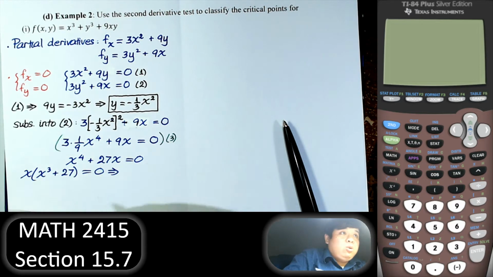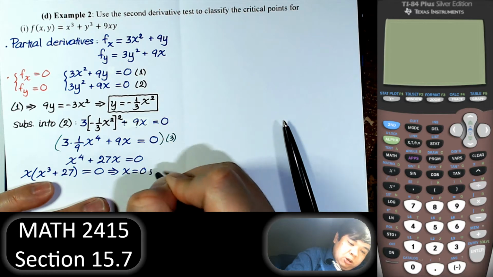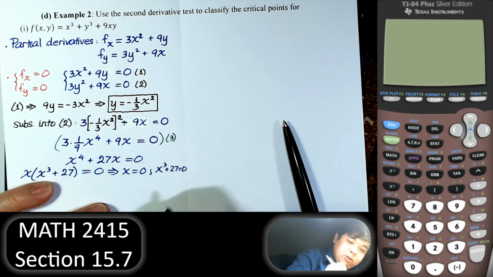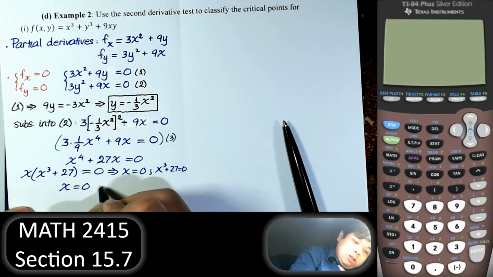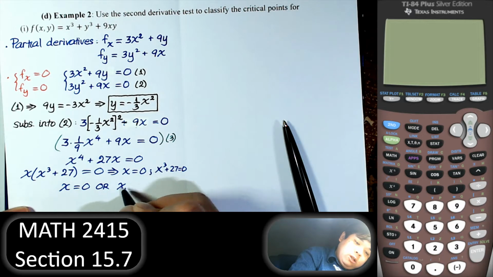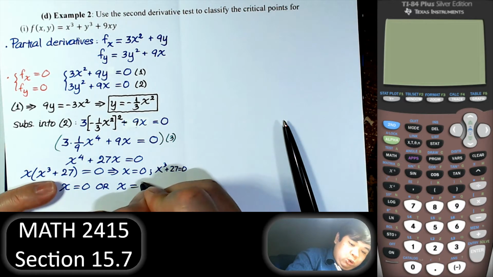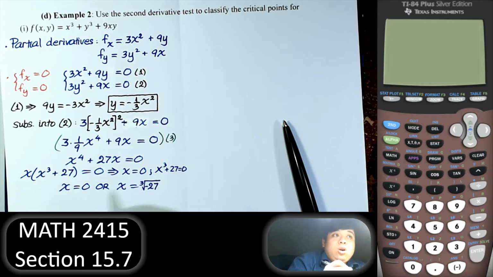A product equal to 0, so we have x equal to 0, or x cubed plus 27 equal to 0. So this gives us x equal to 0, or x cubed equal to negative 27. So x equal to the cube root of negative 27. Notice the cube root has no plus or minus, only an even root has plus or minus.